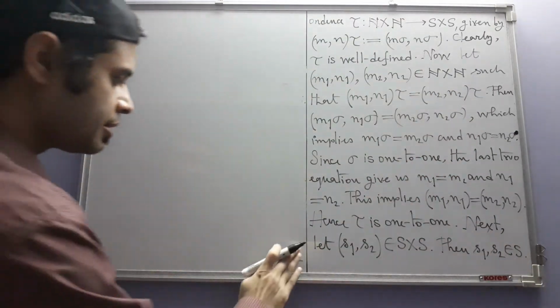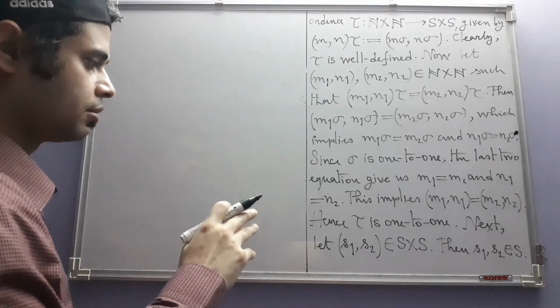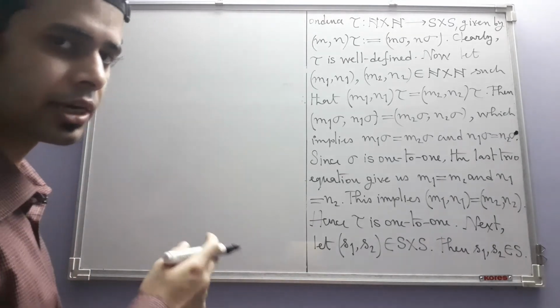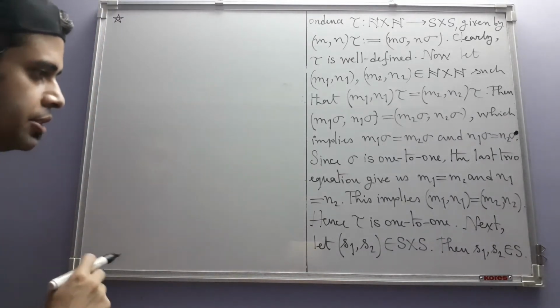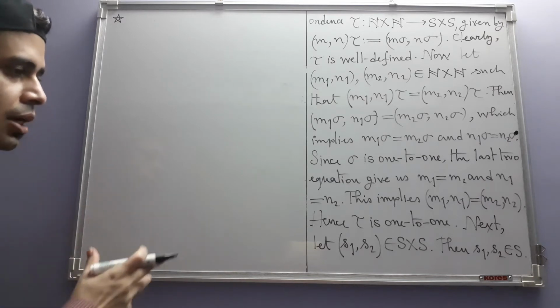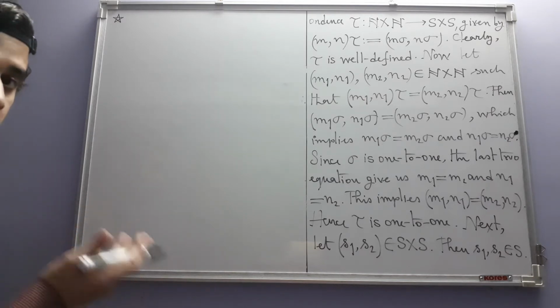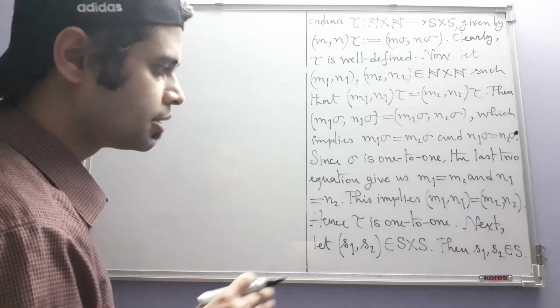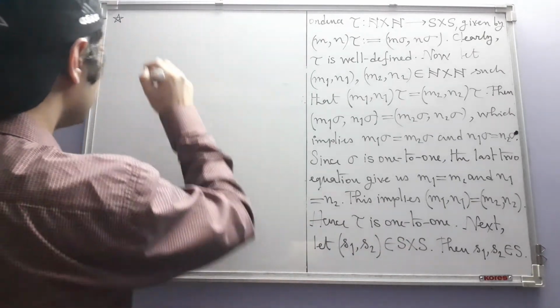Now sigma is a mapping from the natural numbers into S, which being a one-to-one correspondence, sigma is onto. So we are going to use the ontoness of sigma now.